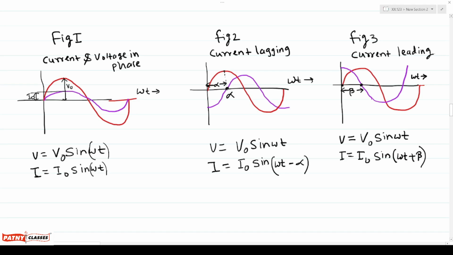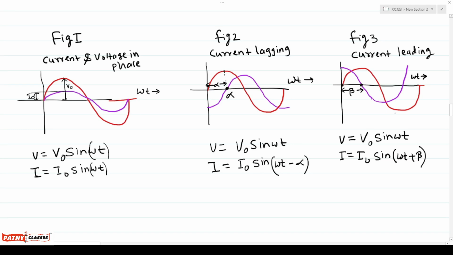So current is starting after an angle of alpha, omega t minus alpha. Therefore, here current is lagging. So the equation of the current is given by I equals I naught sin(omega t minus alpha) because there is a lagging angle of alpha.